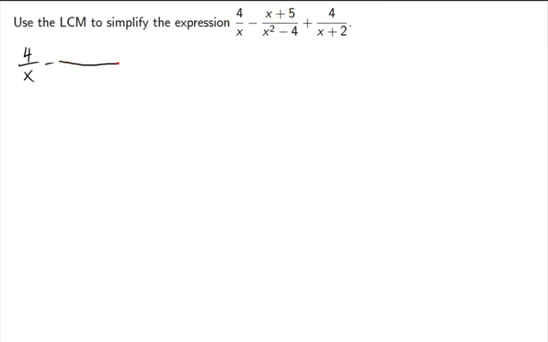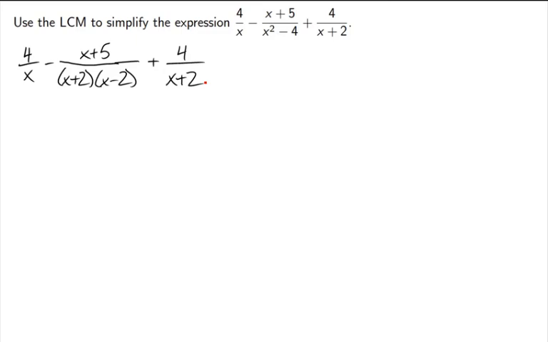But right here, x squared minus 4, that's a difference of squares. X squared minus 2 squared, so I get x plus 2 times x minus 2. And again, I still have the x plus 5 on top. And then I have 4 over x plus 2.